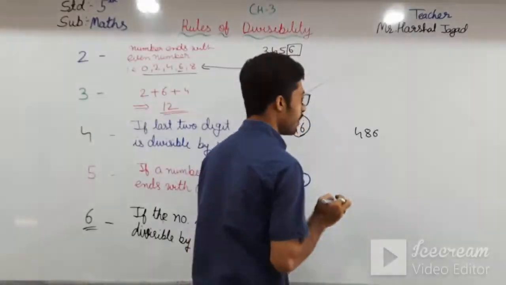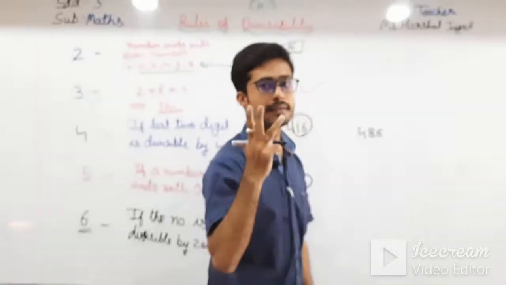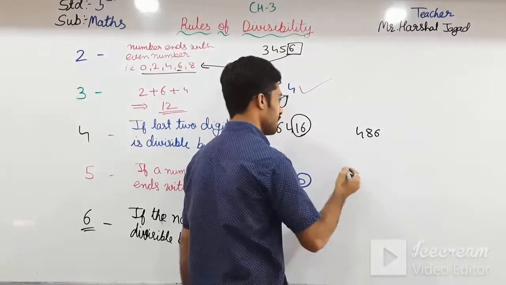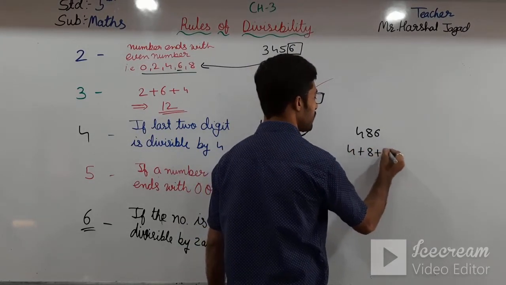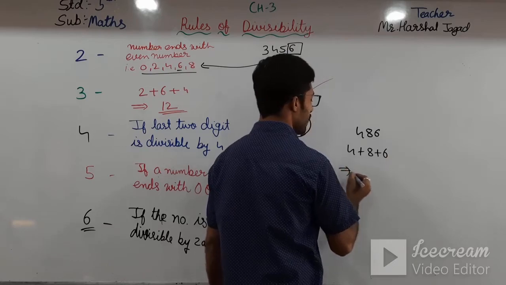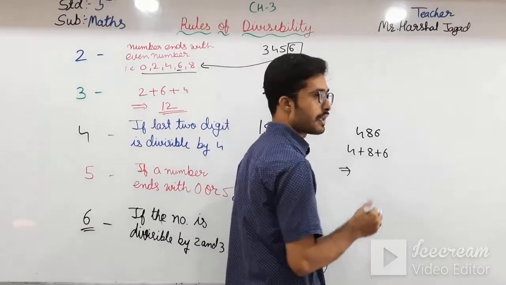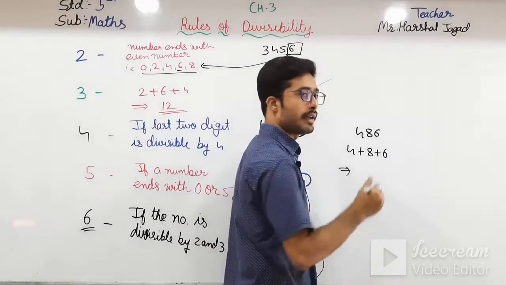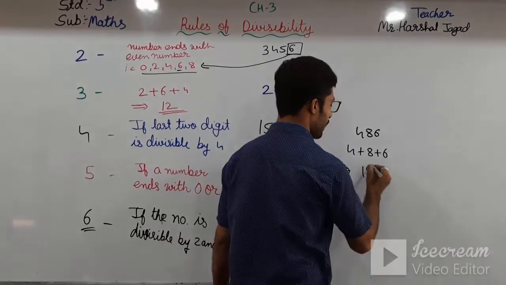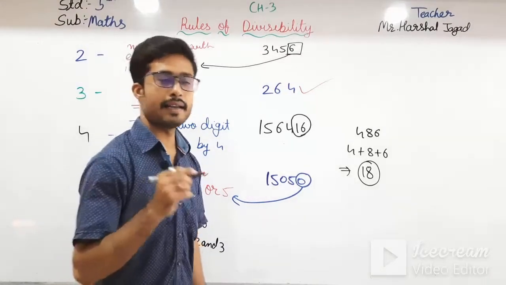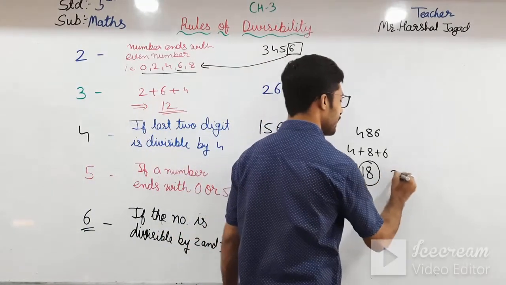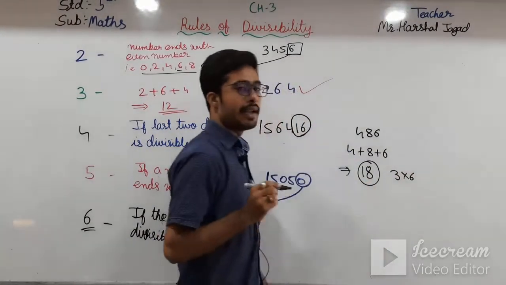Now checking whether it is divisible by 3 or not. For checking, 4 plus 8 plus 6. So 8 plus 4 is 12, 12 plus 6 is 18. So our total is 18. So 3 6s are 18, 3 into 6 is 18.